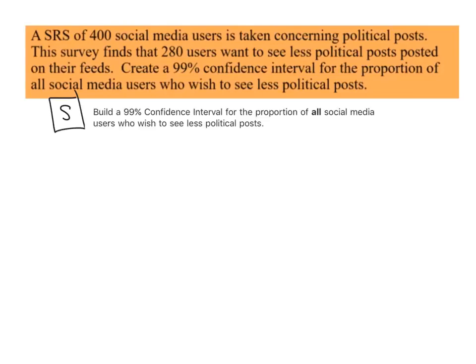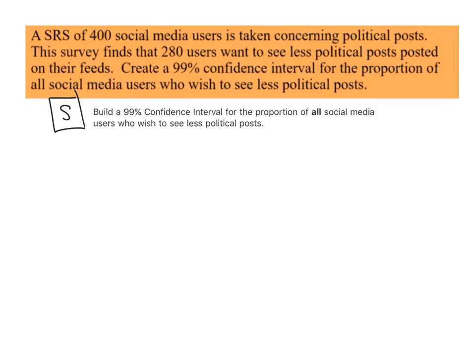In the interest of time, I've typed this: build a 99% confidence interval for the proportion of all social media users who wish to see less political posts. I know it always feels tedious to rewrite this, but it really is important to say that you understand what you're trying to do. You're trying to, from a sample, make an inference about the population.